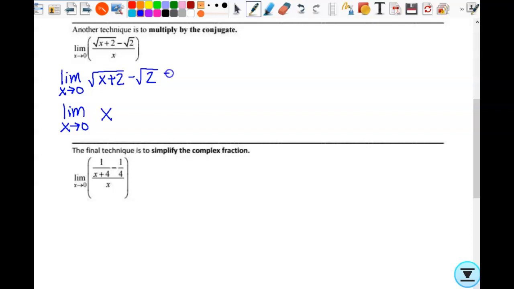When I substitute 0 into the first one, that would give me the square root of 2 minus the square root of 2. And what does that give me? 0. And this one just gives me 0. So once again, when I put them back together, I'd end up with 0/0, so I can't put that.